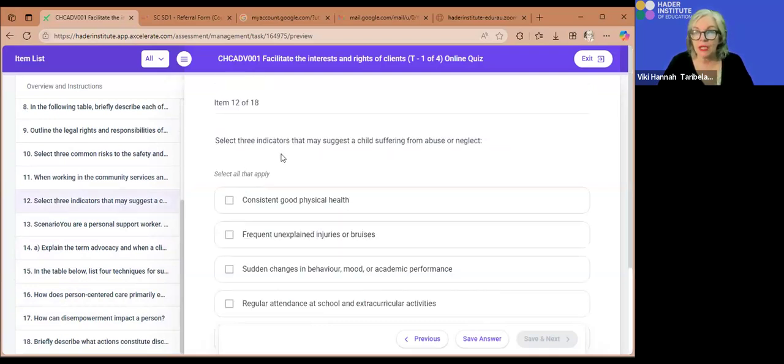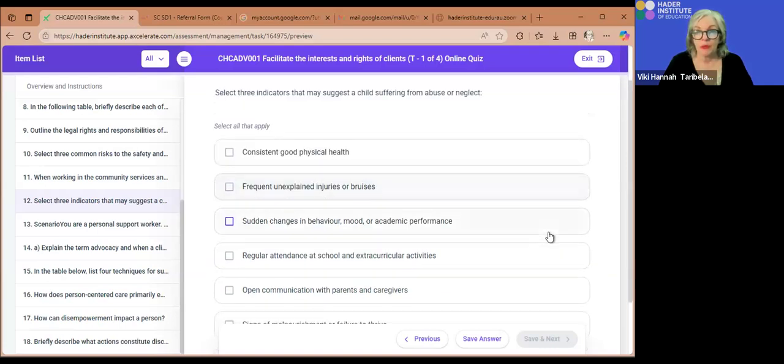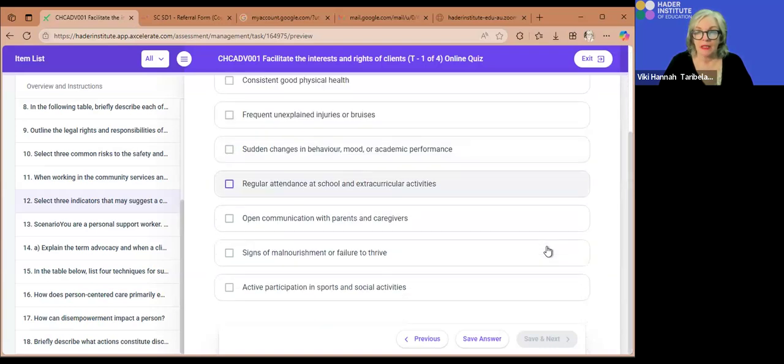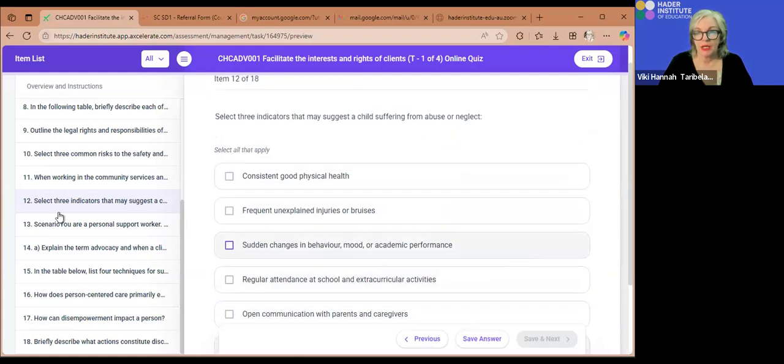It says select 3 indicators that might suggest a child suffering from abuse or neglect. It gives you some options. You must select 3. More than one thing can be true, but for the point of the assessment, you'll be required to answer it the way that they're looking to have that answered.